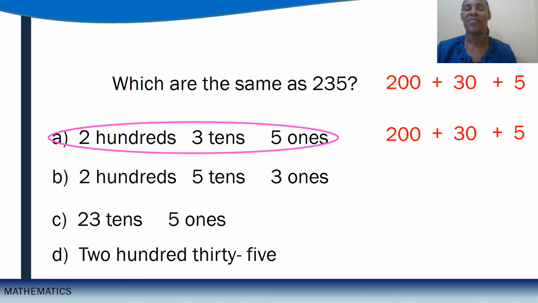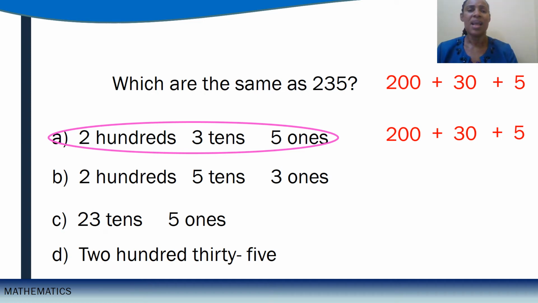So there we have it, boys and girls. A is the same as 235. Again, A, 2 hundreds, 3 tens, 5 ones. Now let's look at B. Let's read B together. 2 hundreds, 5 tens, and 3 ones.